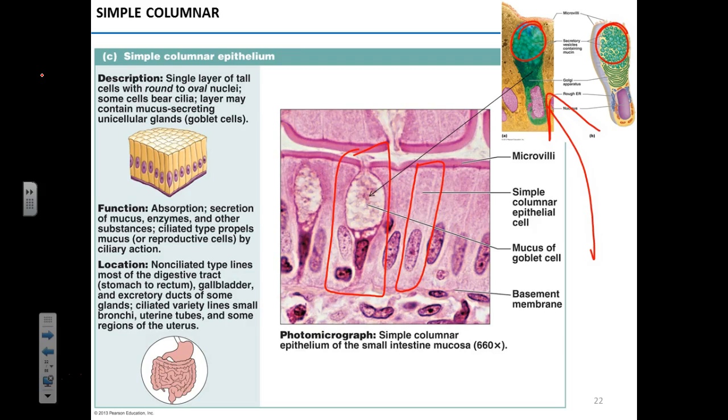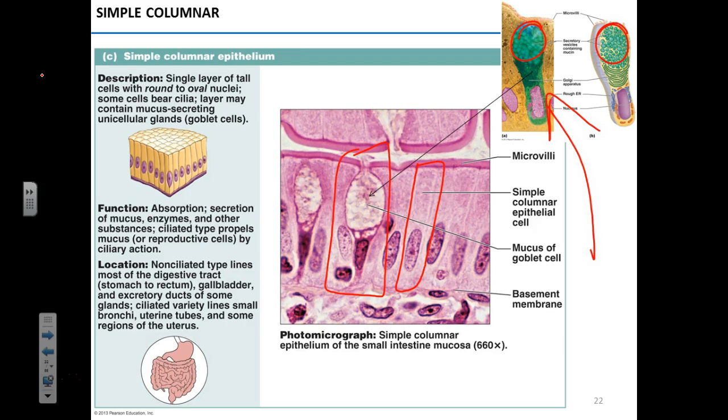So mucous membranes, like the membranes covering your stomach or intestines, receive mucus from those goblet cells. In the mucous membrane that covers your respiratory passages, mucus is produced by goblet cells. Does that make sense? Terrific.